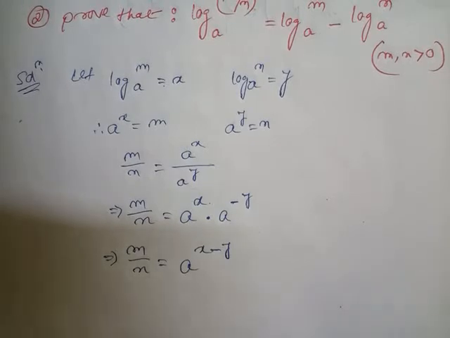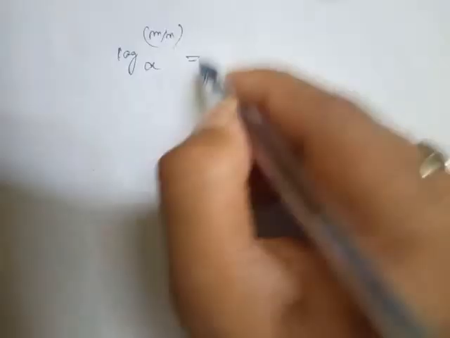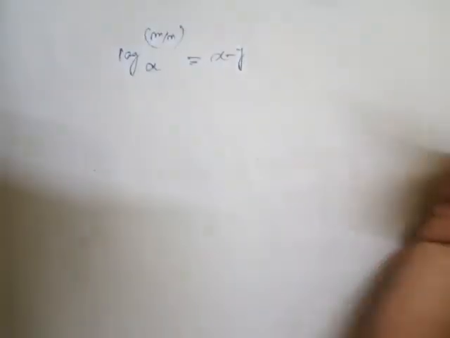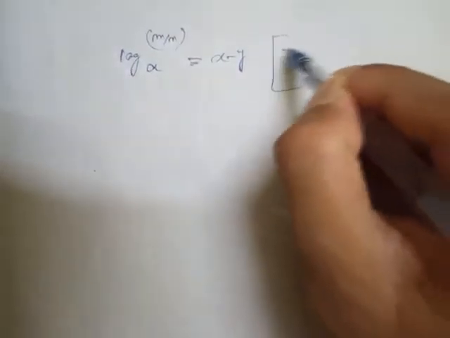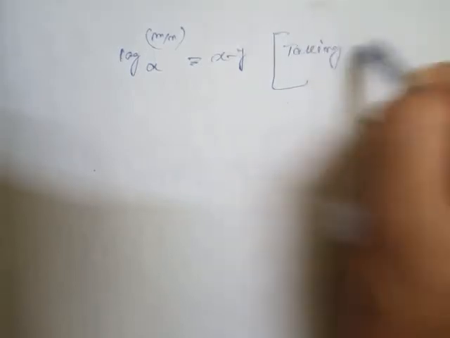After that the student will take the logarithm. Now let's have a look at the next part. Now student, the next part we'll write here: log m by n base a equal to x minus y, taking logarithm.